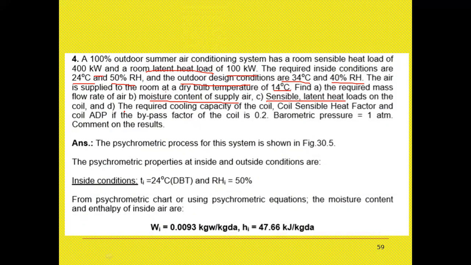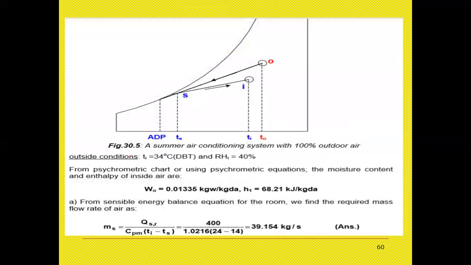D. The required cooling capacity of the coil, coil sensible heat factor, and coil ADP if the bypass factor of the coil is 0.2. Barometric pressure is equal to 1 atmosphere. Comment on the results. The psychrometric process is shown in this figure.